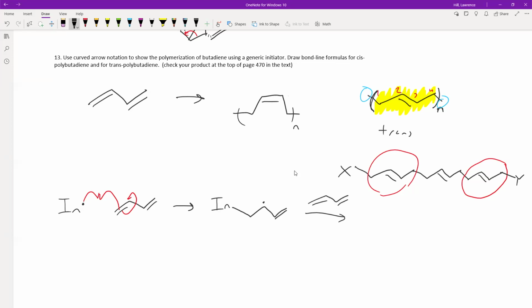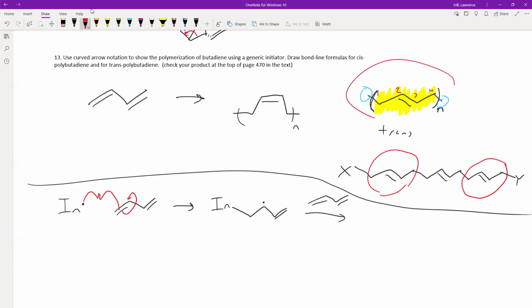And then you have another molecule of butadiene because we're considering polymerization. There's a lot of butadiene coming together to form these long chains of molecules. And so how do we get something that looks like this from this situation? In order to do that, we need to make a bond between carbon 4 and the next carbon 1 of butadiene. Our radical is here on carbon 2. So we'll do this.